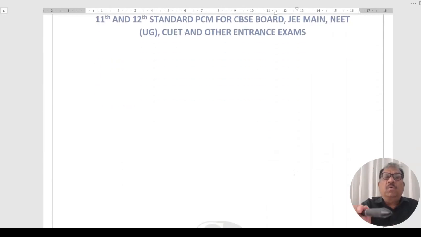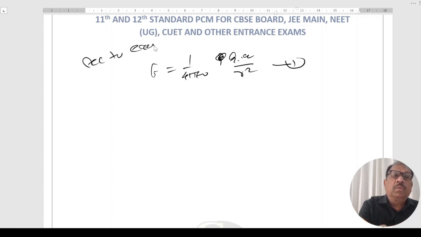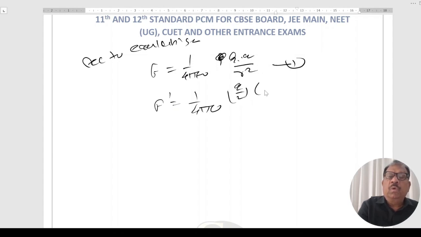Now, F will be equal to 1 over 4 pi epsilon naught, Q into Q upon R square, according to Coulomb's law. F dash will be equal to 1 over 4 pi epsilon naught, Q by 2 into 3Q by 4, divided by R square.